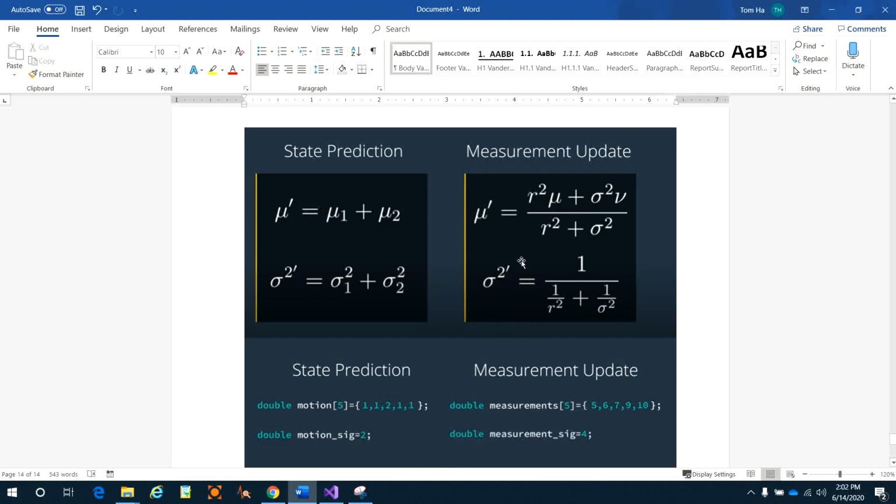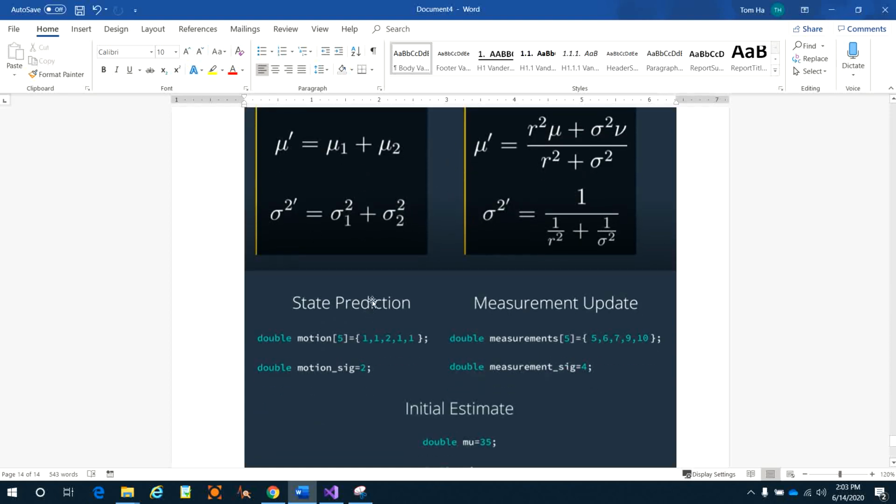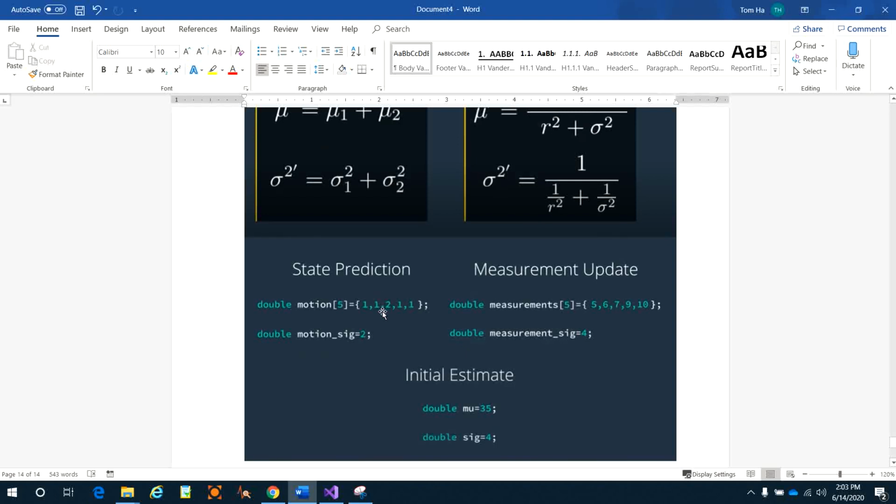With these formulas. In higher dimensions there is something different: the formulas show you the two phases with the state vector in matrix form. But for one dimension, let me show you something really basic to see how the Kalman filter works.